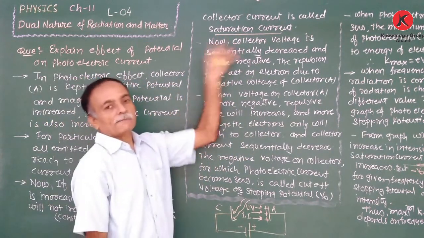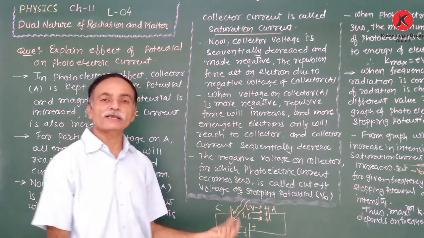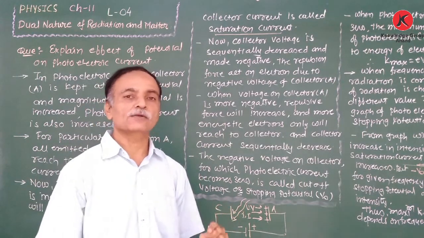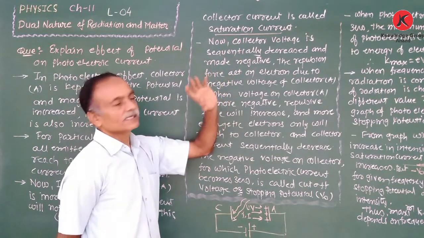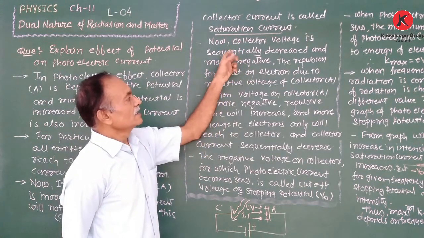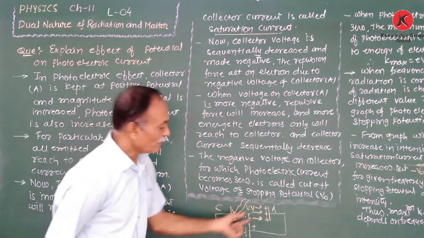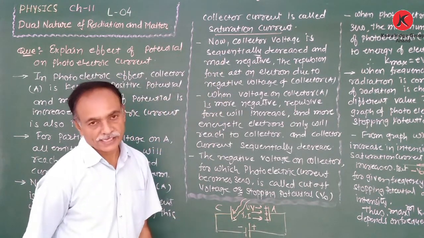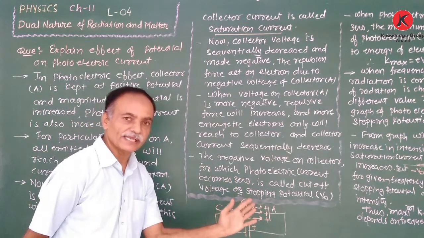Now the second point is that we are going to decrease the potential on the anode. The collector voltage is sequentially decreased and made negative. We decrease the potential on A from maximum to zero and then negative.